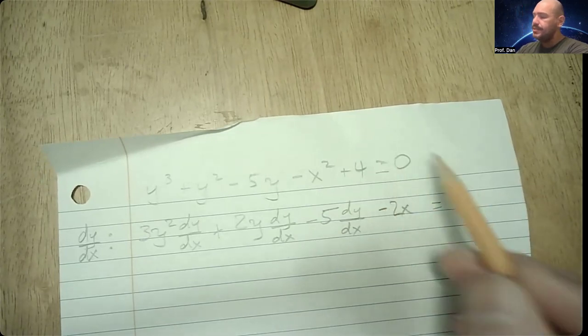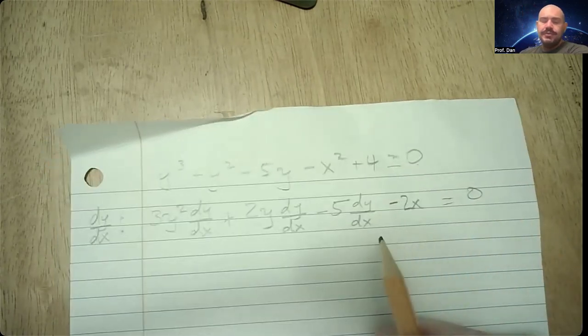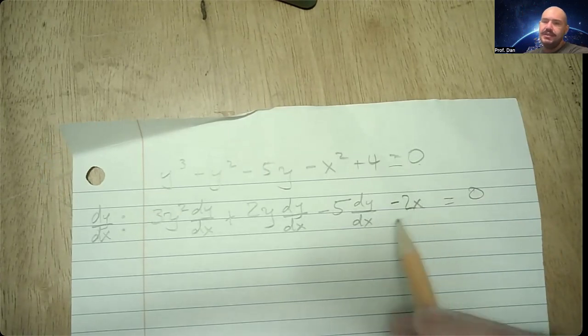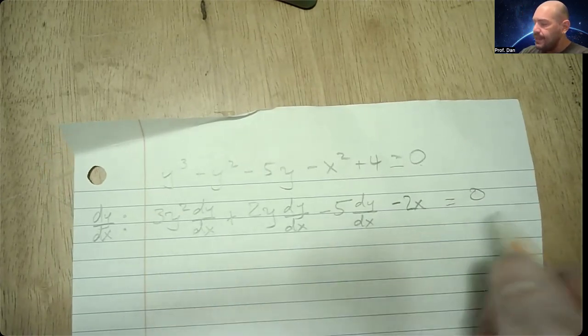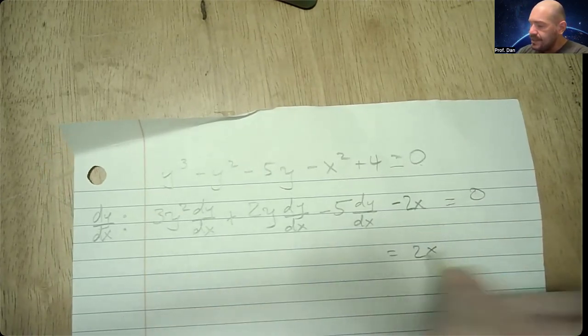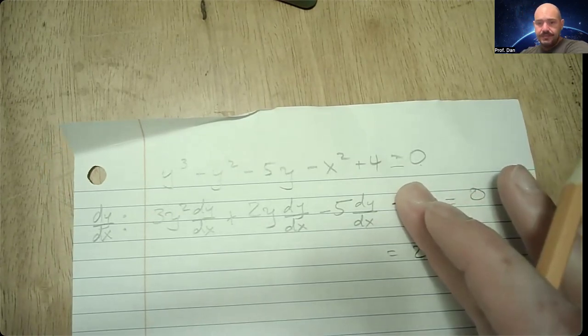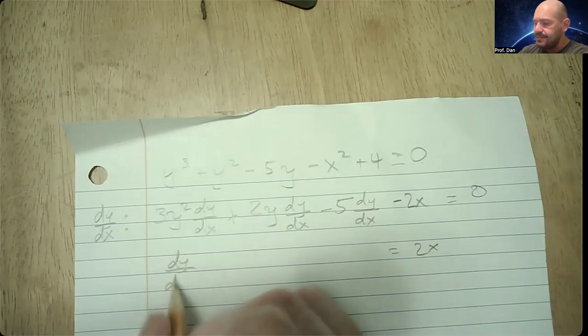And of course, the derivative of 0 is also 0. So remember when you did this in Cal 1, the approach was to take anything that didn't have a dy dx in it and move it to the other side. That way, everything that's left over, right, has a dy dx as a factor. So you could factor out dy dx.